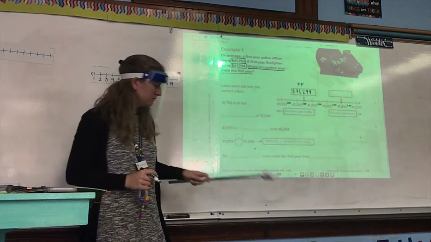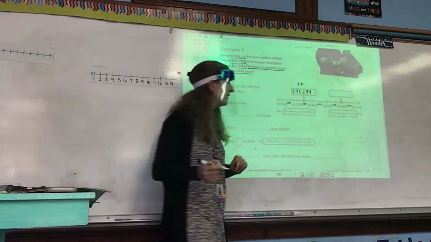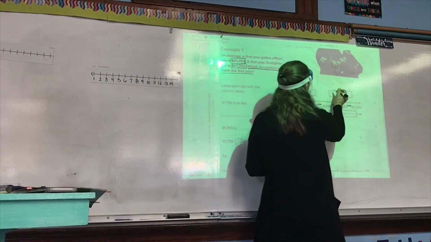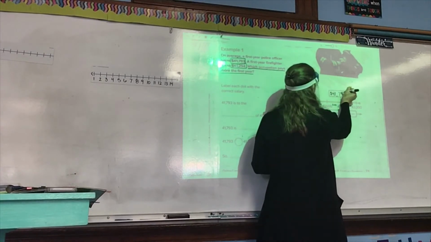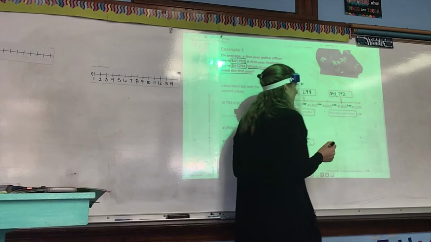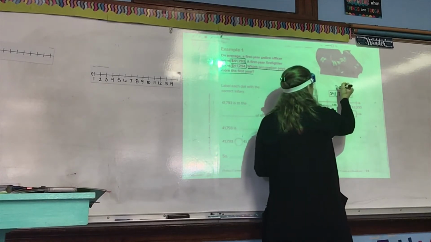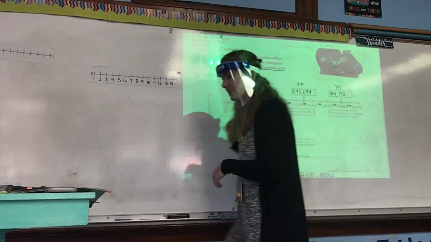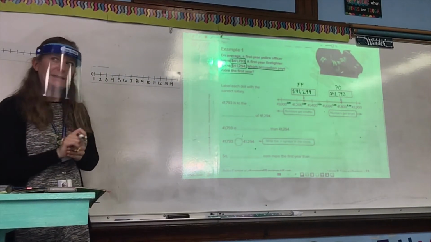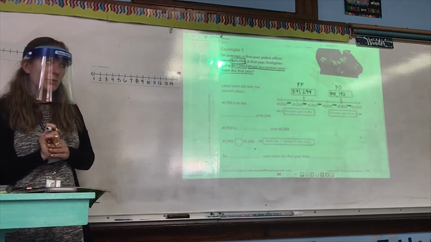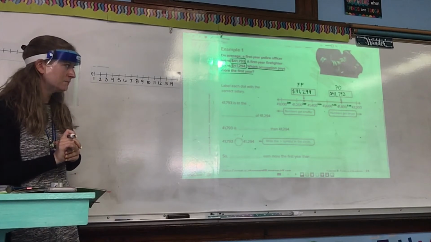The police officer's salary. Good, the police officer's salary. So we're going to put $41,793 and then we're going to label it with PO for police officer. And there's a reason we're labeling it with who it is, so we can find that answer quickly.